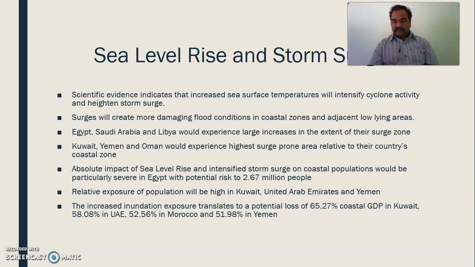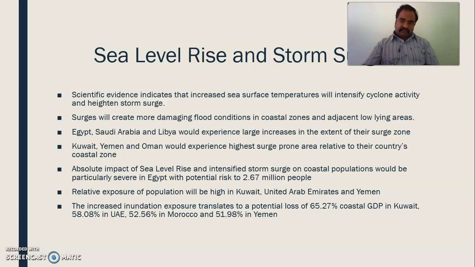So if the surface temperatures increase, automatically more cyclones appear, and there is a higher chance of flooding of low-lying and coastal areas. There is a report that the countries in the Middle East are going to be affected on a very large scale because of increased cyclone activity and higher flooding.